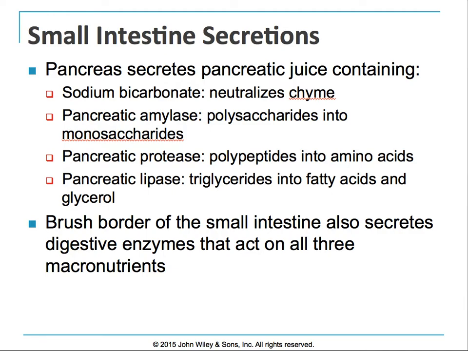The brush border of the small intestine, which is those little villi and microvilli fingers, also secretes digestive enzymes that act on all three macronutrients: fat, protein, and carbohydrates.